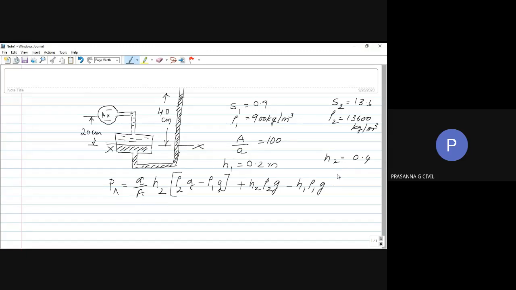Calculate and we will discuss in the afternoon. I'll give you some numericals in the afternoon. So in the exam, if you feel that you're going to get confused with this, just use H2 rho 2 G minus H1 rho 1 G, because we know that this term becomes so small, we are ignoring it. When you do the subtraction, you will get that equation. So please complete that.